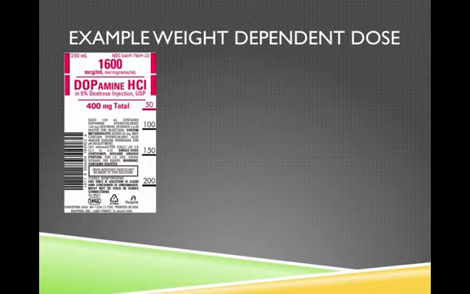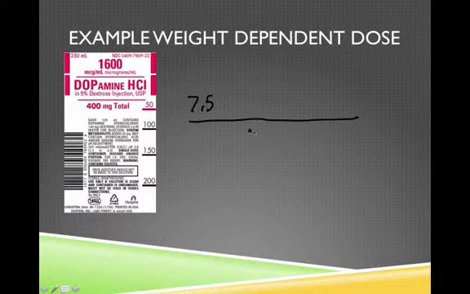Okay, so an example of this. Let's do it: we want the patient running at 7.5 mics per kilogram per minute. So we would run this out here really quick. 7.5 times 100 kilogram patient, with our drip set, which is 60, divided by the concentration strength here, which is 1,600.